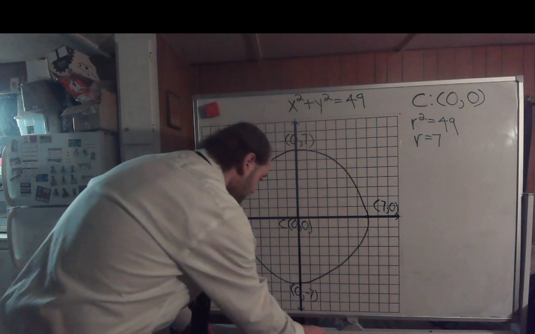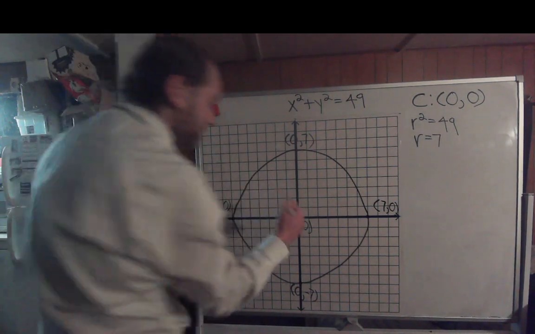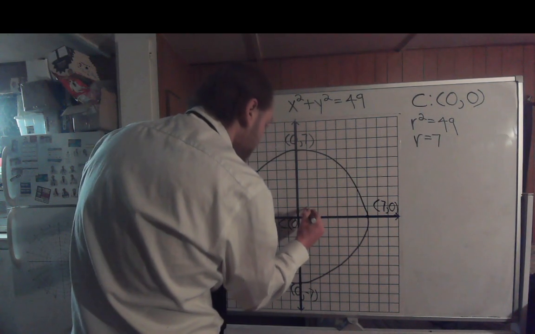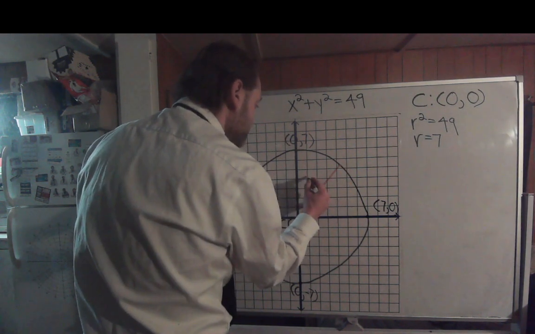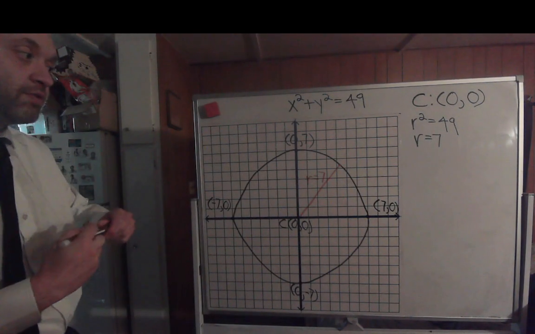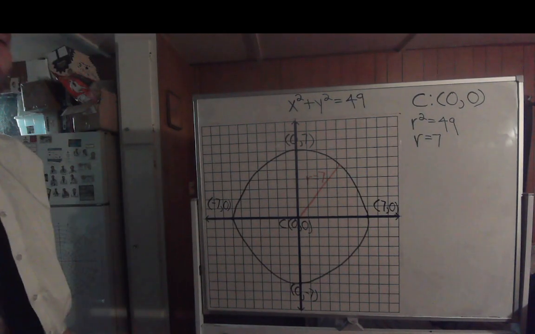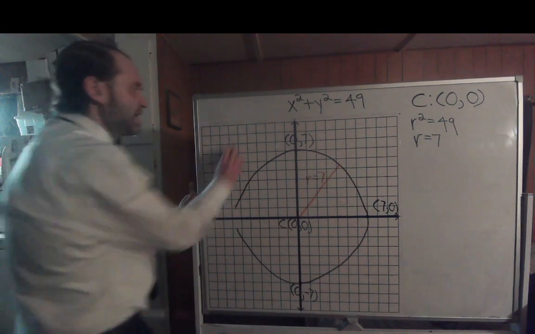And if you want, you can certainly draw a radius here, from the center to the edge of the circle. You could say that's a radius equals 7. So yeah, circles are relatively basic. They're really pretty simple to deal with.